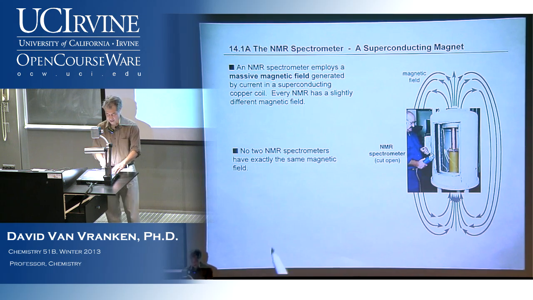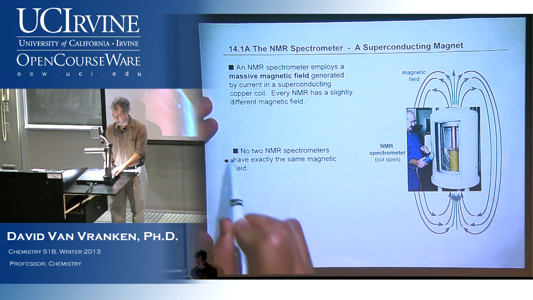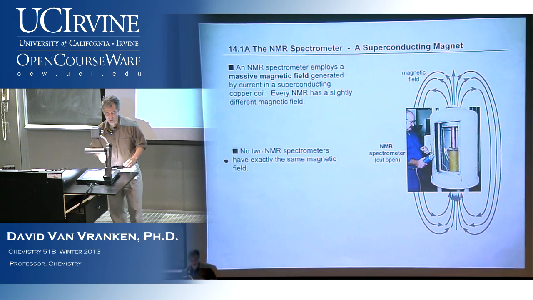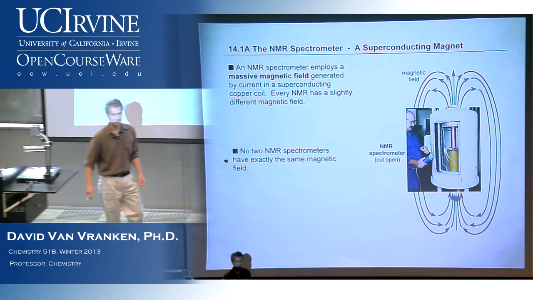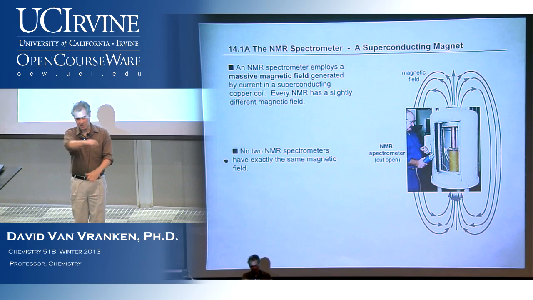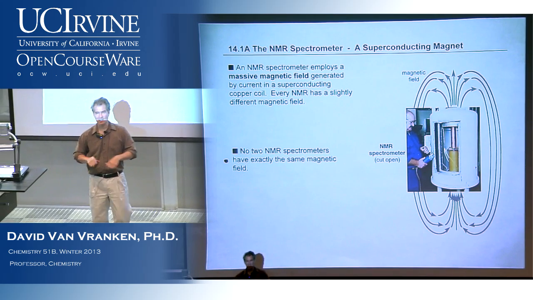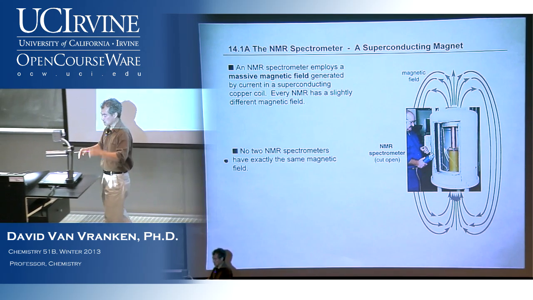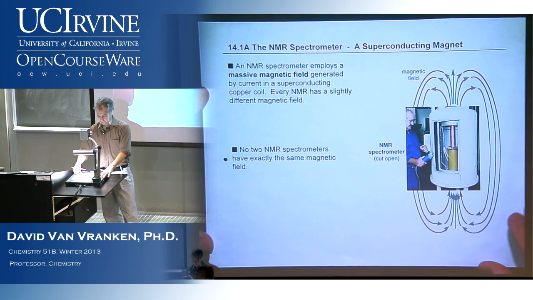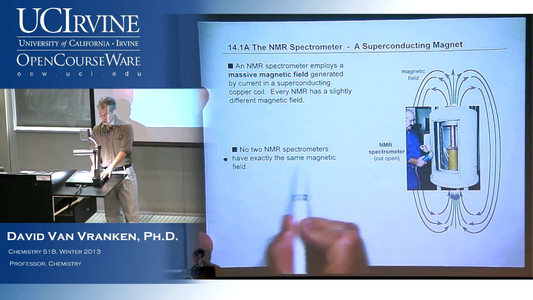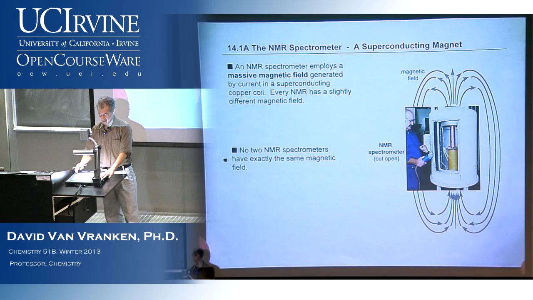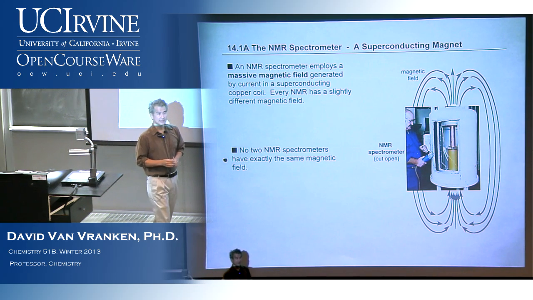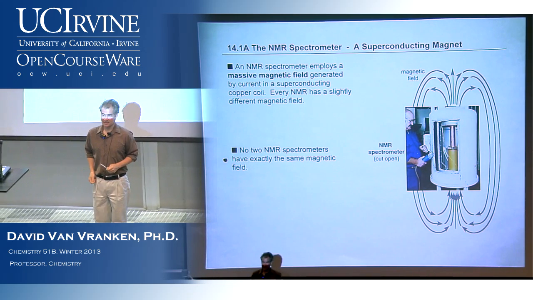And the point that I wanted to make is when you order a brand new shiny NMR, you pay $200,000, $300,000, your NMR arrives. It's just come from the factory. They've just finished wrapping all the coils and packaging it up, and you fill it with liquid helium and liquid nitrogen. The problem is that nobody really knows exactly what that magnetic field strength is going to be until they boot up the magnet.